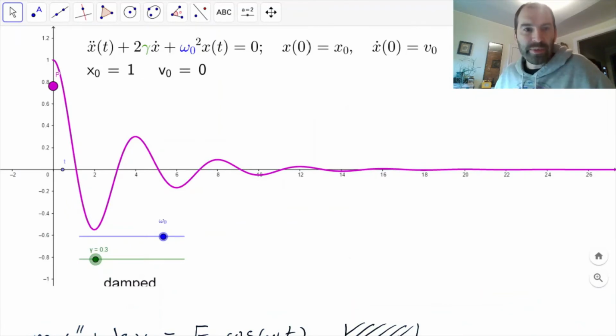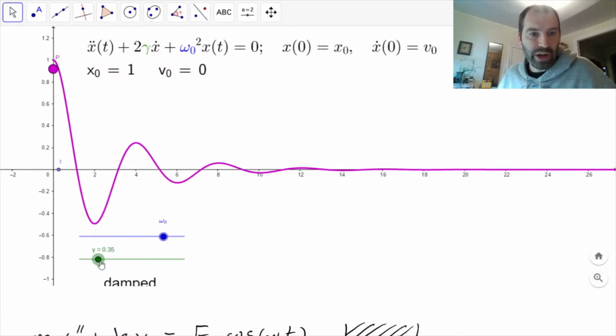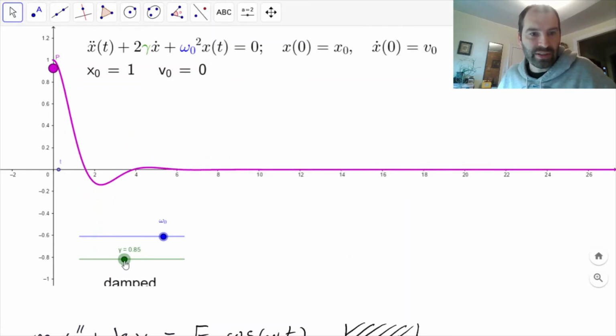And we can see here that when gamma is less than omega naught, we have the oscillatory behavior. And you can see, watch that purple ball on the left, it just kind of peters out. It wiggles a little bit, but then it just dies out, as we would expect, right? Now, what happens when I let gamma approach omega naught? Well, that's when we're approaching that critically damped case. Well, look at this.